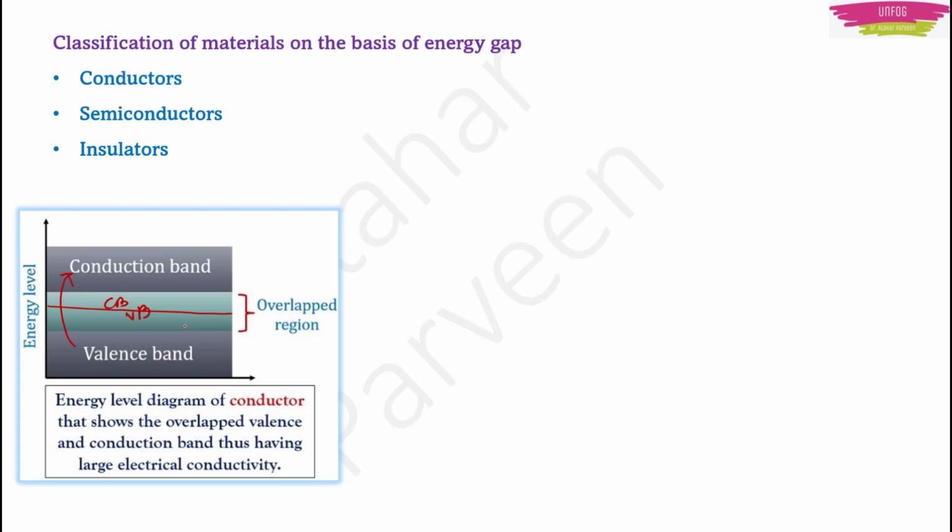This is not a gap between them. That's why electrons from the valence band can easily go to the conduction band. The symbol for the forbidden energy gap is Eg. In conductors, Eg will be 0, because the conduction band and valence band are overlapped.